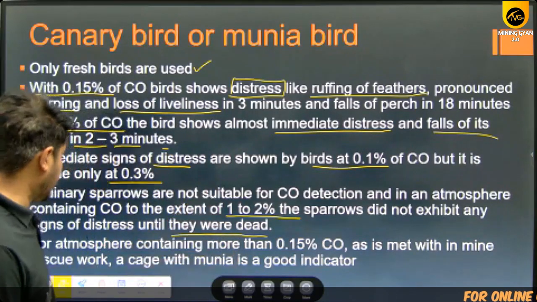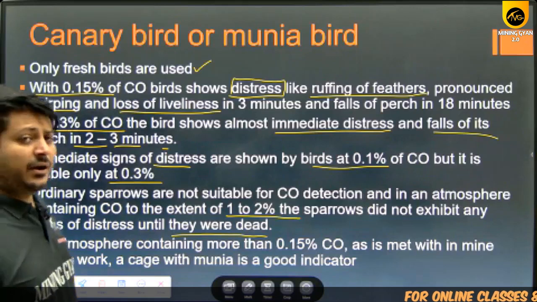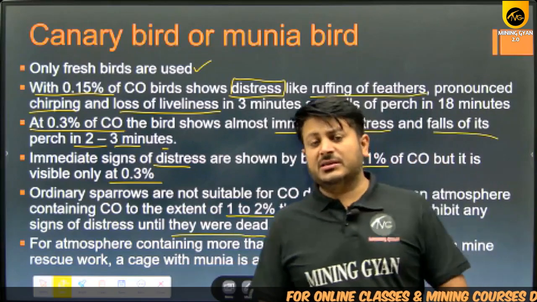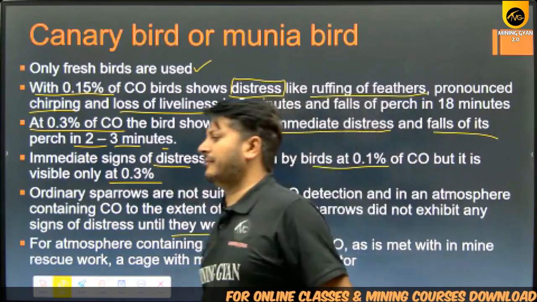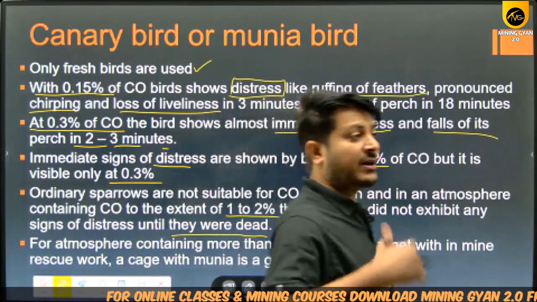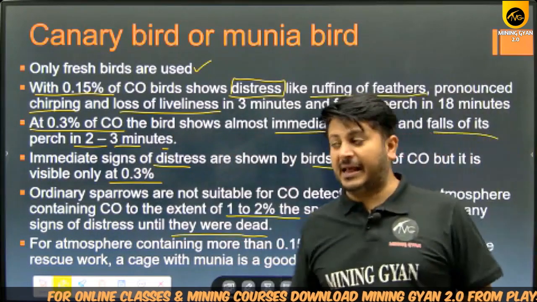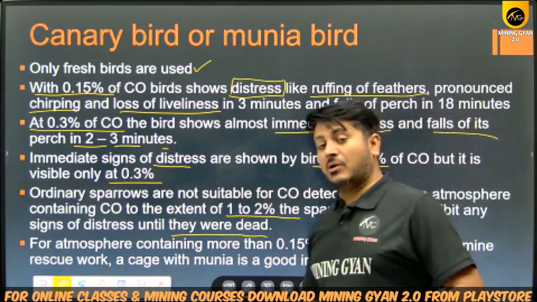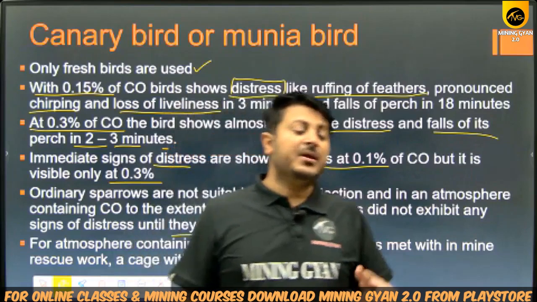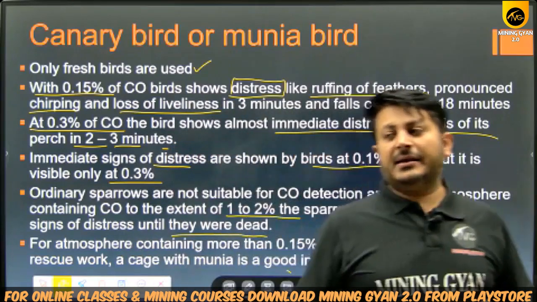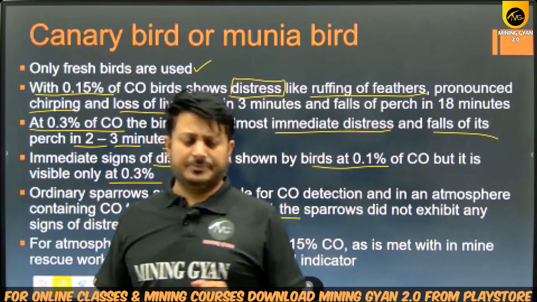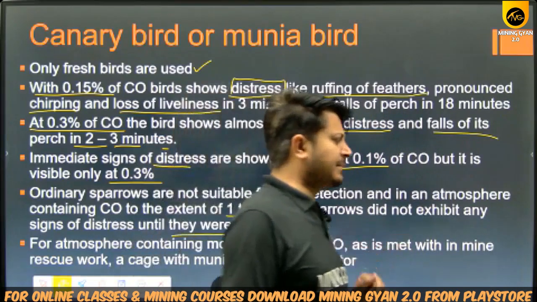Now if we talk about the mouse, why are we not using mice for the detection of CO? Basically, a mouse has a much faster breathing rate than human beings, like the munia bird. And the mouse will also show distress, like the munia bird, at 0.15% or 0.3%.